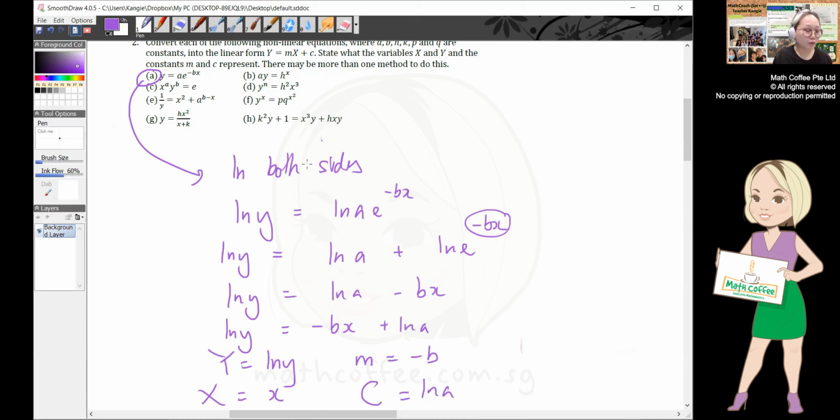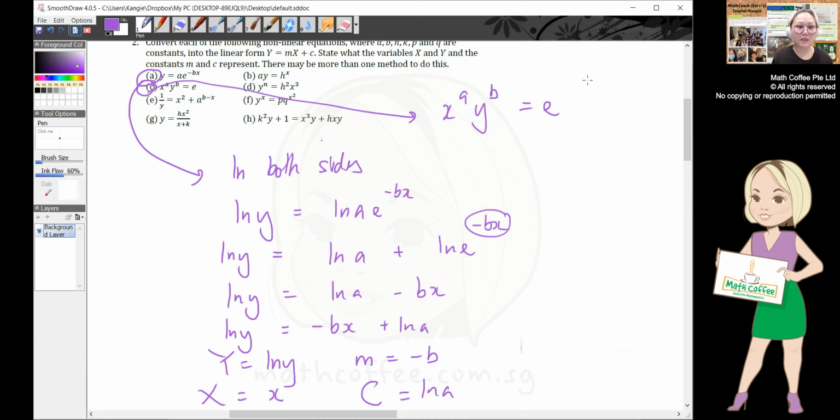Okay, again, this one is pretty straightforward. Okay, this one should be quite similar. Let me just do (c). x^a y^b equals e. So again, you see your powers have a and b. In order to bring the power down, for this situation your a and b powers are constants. I can just log on both sides.